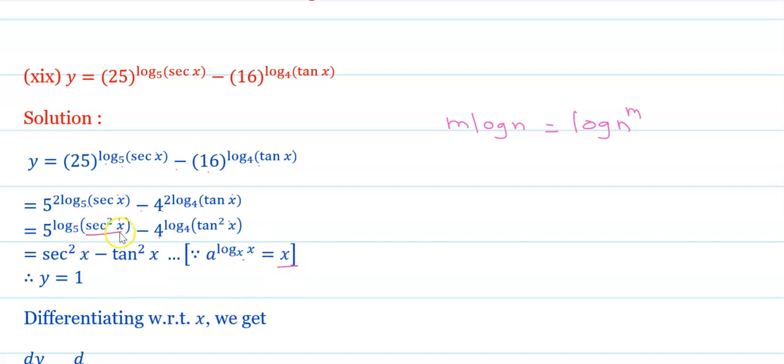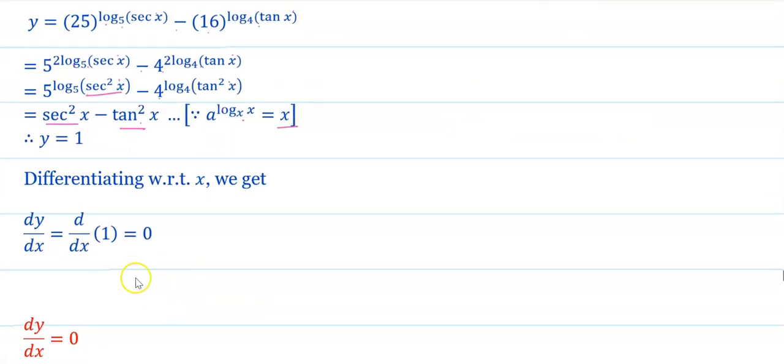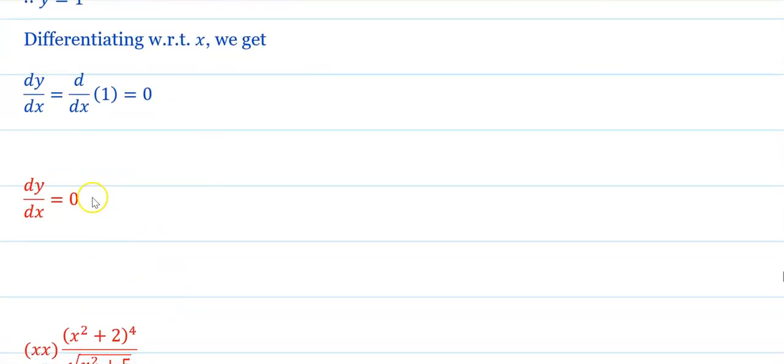Similarly here we have sec square x and tan square x, and by the identity 1 plus tan square x is equal to sec square x, sec square x minus tan square x equals 1. Now differentiate this with respect to x, and the derivative of 1 is 0. It's a constant, and hence dy by dx is equal to 0.